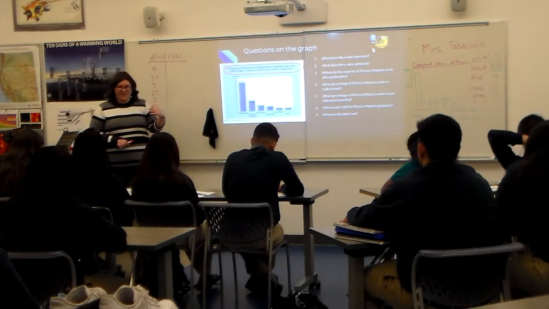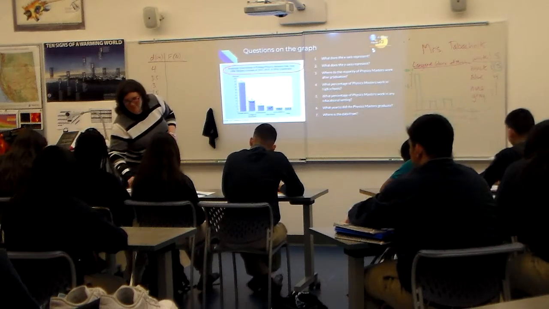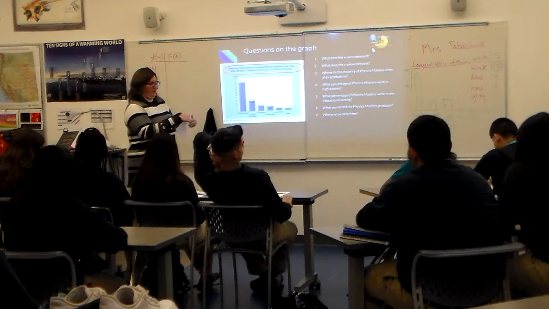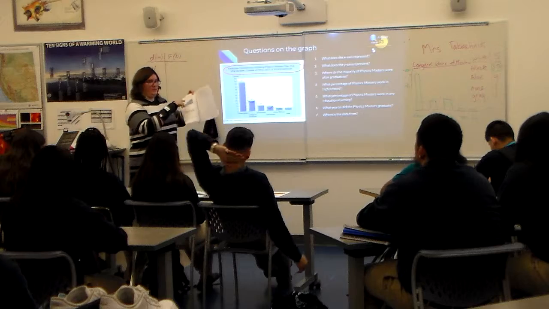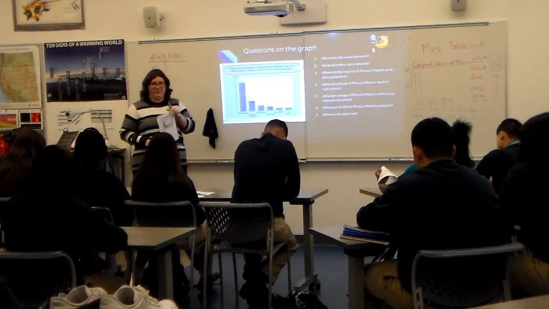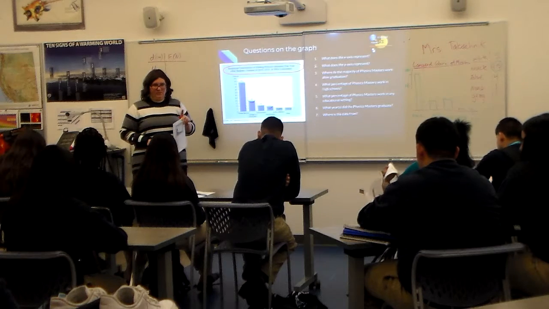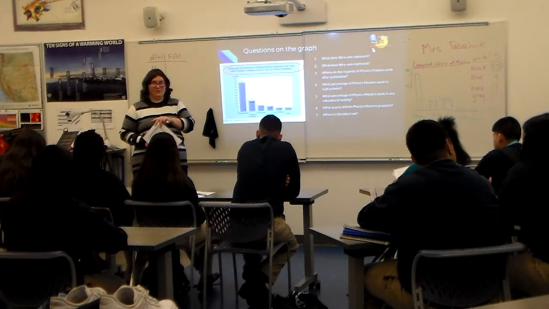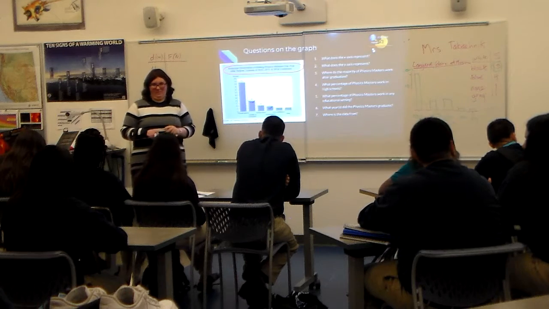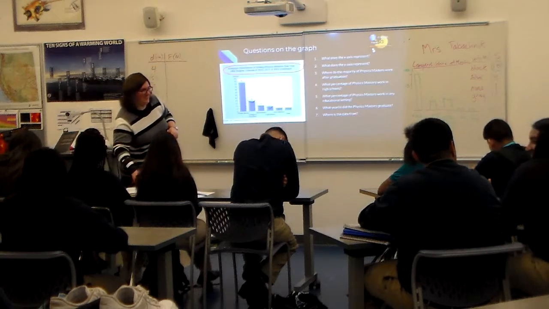You're going to see that at the top of this paper, it says for the A partner, and on the back, it says for the B partner. Whichever one of you is taller is the A partner, and whichever one of you is shorter is the B partner. If you're not sure, stand up and I'll let you know.